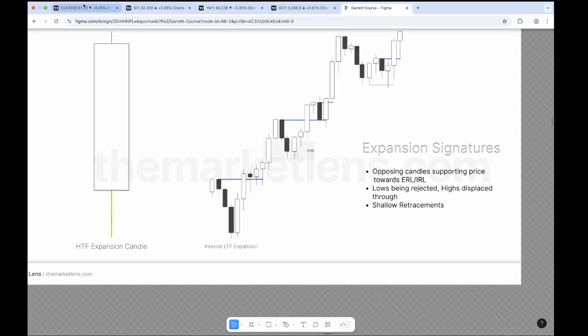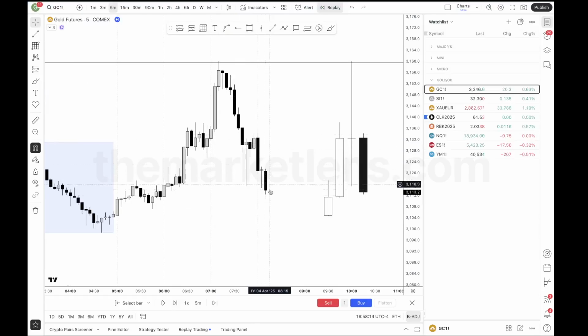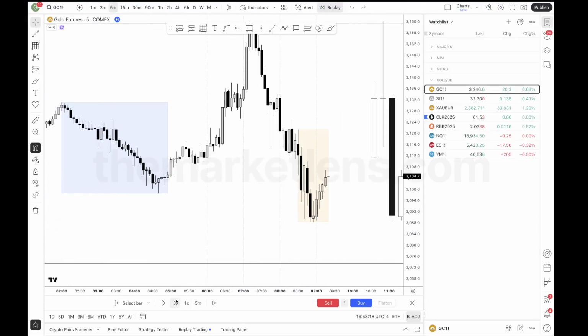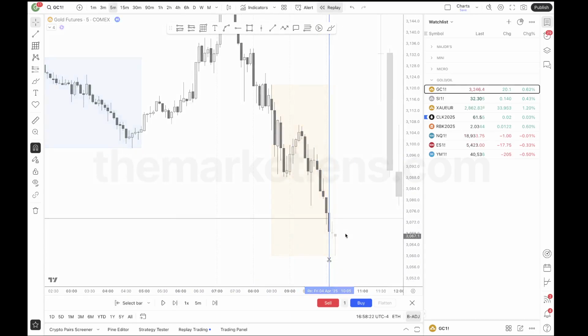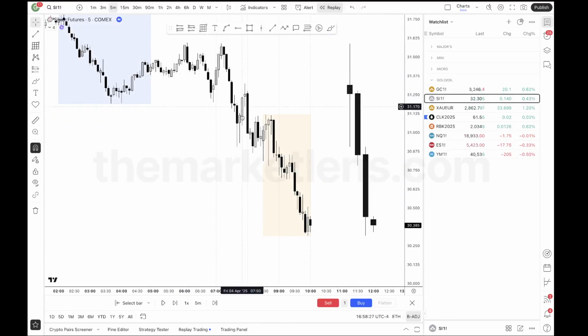Right? So that's what we see here, right? We see a shallow retracement. We're also expanding. Now I want you to look at this because it's very interesting. So as you see, price is pretty heavy into the low. What do we see on silver, the correlated asset? We see a much more high resistance PA, right? So look at this.